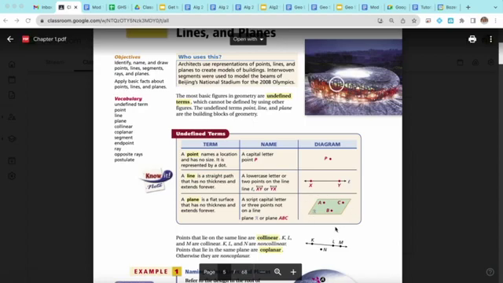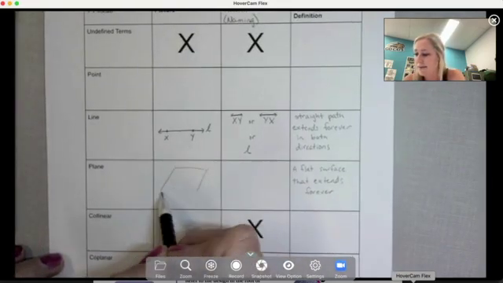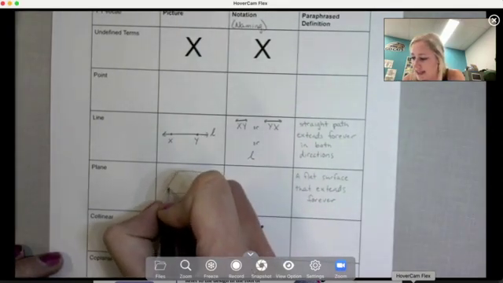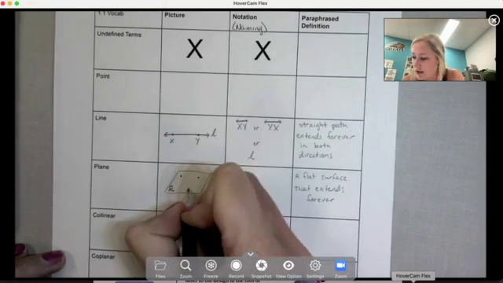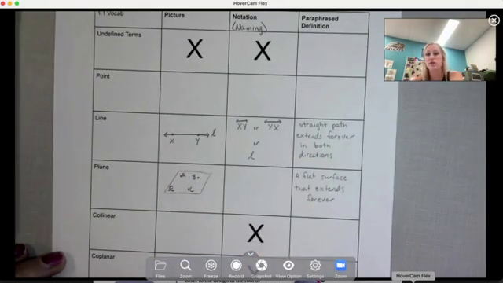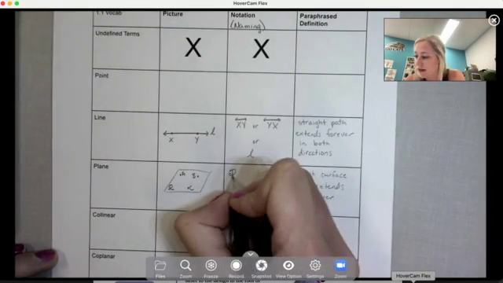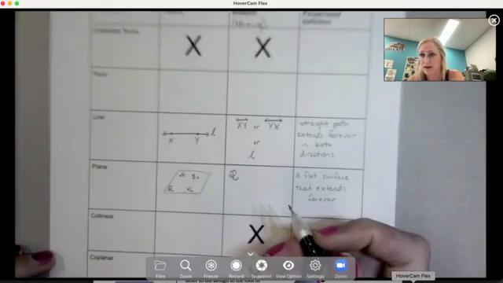I want you to copy the diagram exactly as you see it. Okay, so we've got kind of a parallelogram. Again, I can't really actually show it going forever. So this is just the diagram that we'll see. They had a big capitalized italicized R, and then they had 3 points on it. They had the points A, B, and C, so points always use a capital letter. So a way to name this plane is I can use the capital script letter, so I just add a little curly on it to make it look italicized when I'm using handwriting.